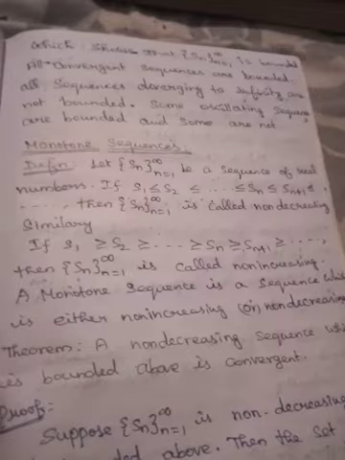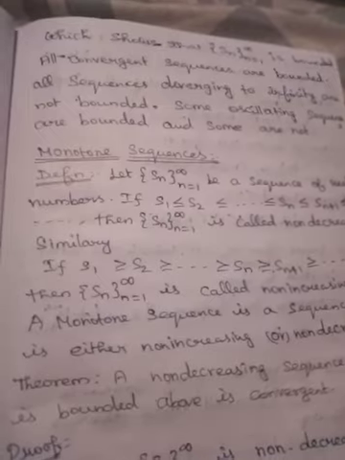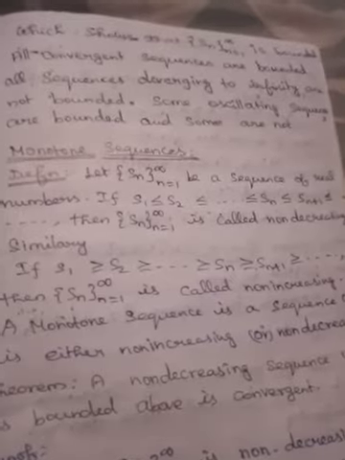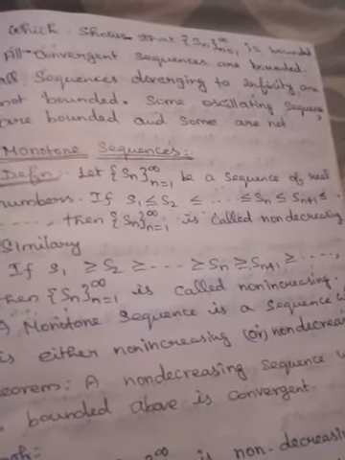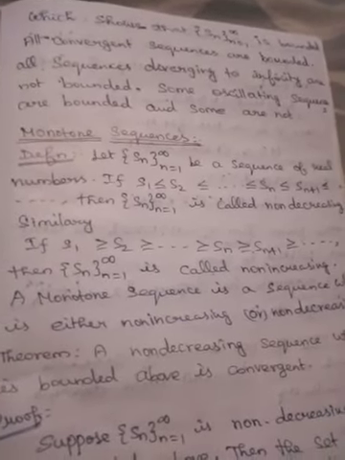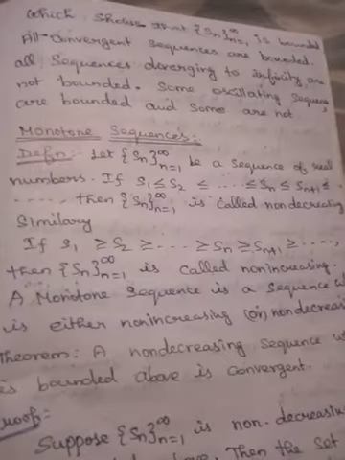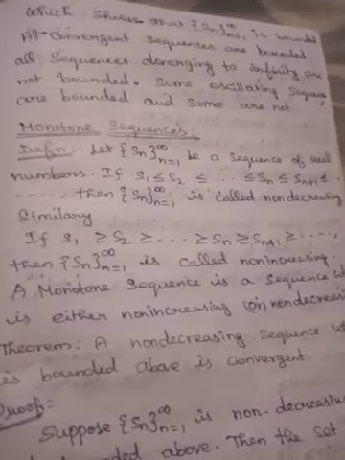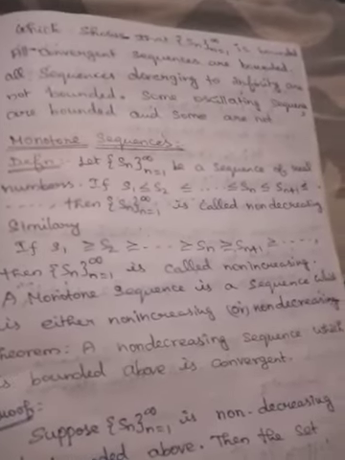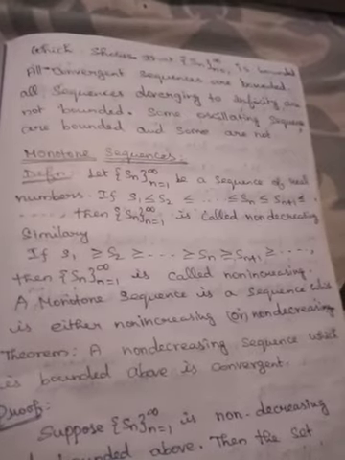Similarly, if S1 is greater than or equal to S2 is greater than or equal to S3 is greater than or equal to etc., greater than or equal to Sn is greater than or equal to S(n plus 1) greater than or equal to etc., then {Sn} is called non-increasing. A monotone sequence is a sequence which is either non-increasing or non-decreasing.